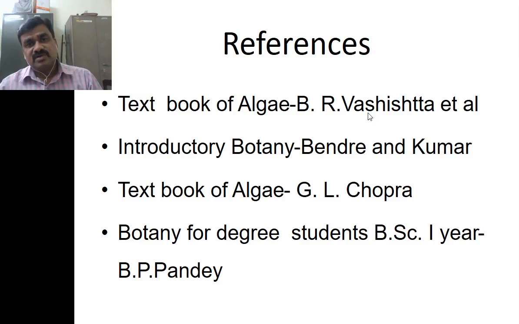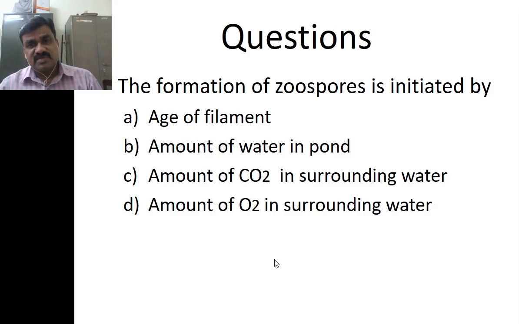Okay, so these are the further references, and you can expect these types of multiple choice questions from this session. The formation of zoospore is initiated by: age of filament, amount of water in pond, amount of carbon dioxide in surrounding water, amount of oxygen in surrounding water.